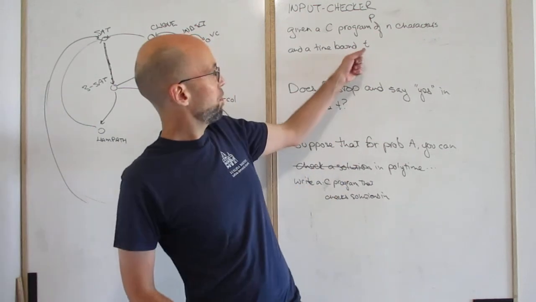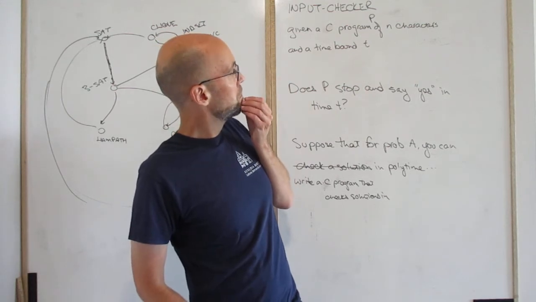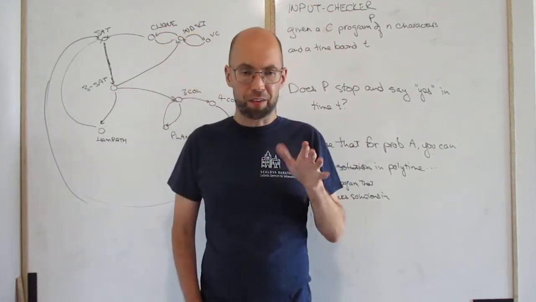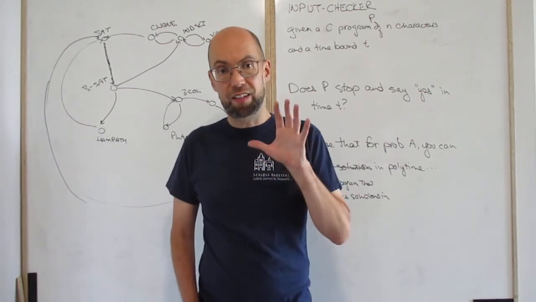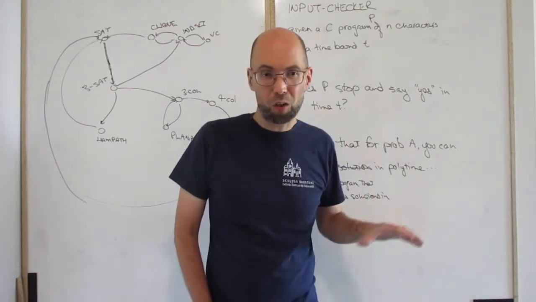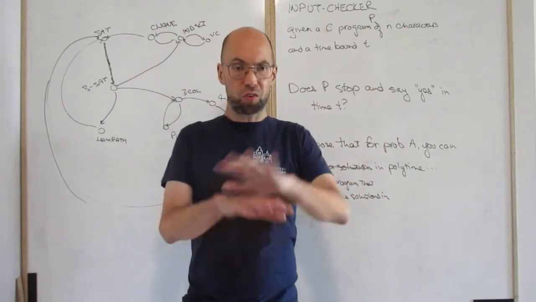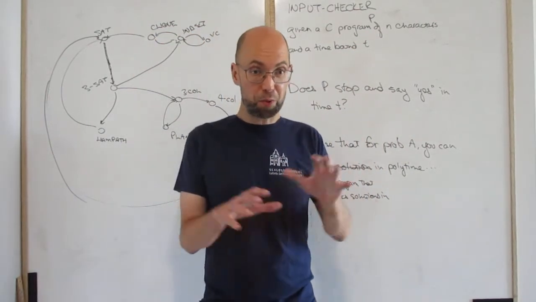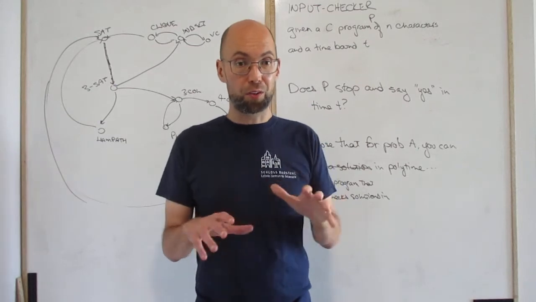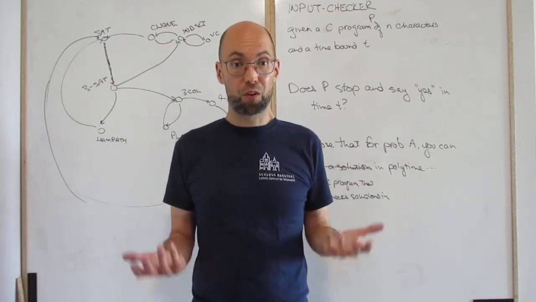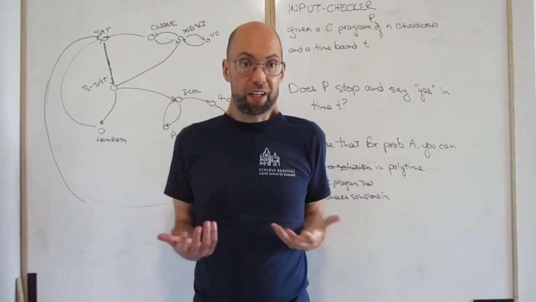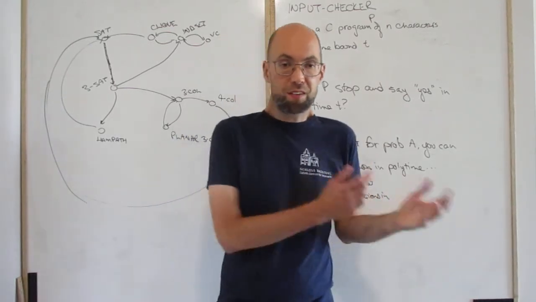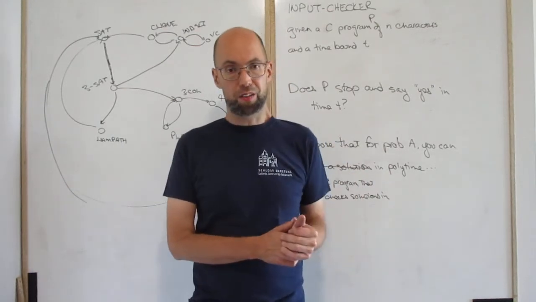Maybe t has to be polynomial. Okay, I'll think about this for the lecture notes. You believe me that if I could solve input checker in polynomial time, I could solve in polynomial time all of the problems for which we can check a solution in polytime. It would mean that you can then find a solution in polytime.